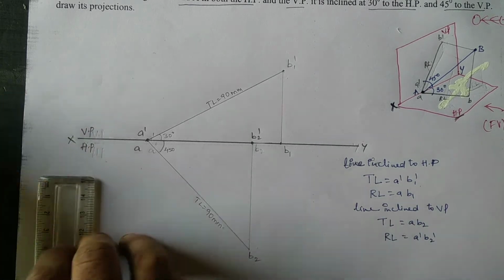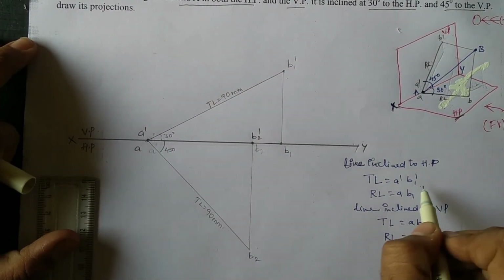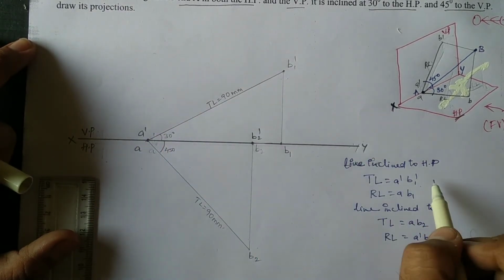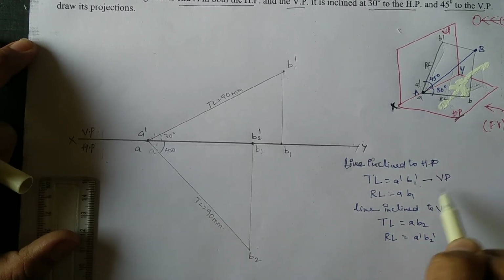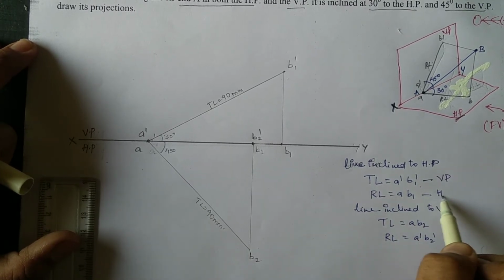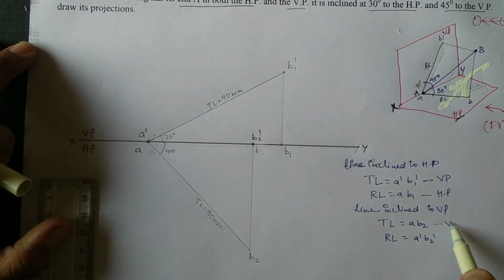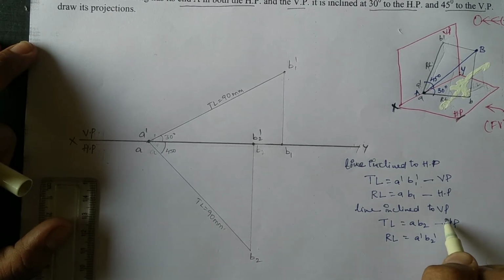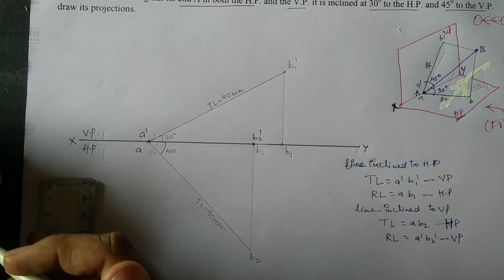Right now, for your identification, when the line is inclined to HP, the true length exists in the vertical plane and the reduced length exists in the horizontal plane. In the line inclined to VP, the true length exists in the horizontal plane and the reduced length exists in the vertical plane.